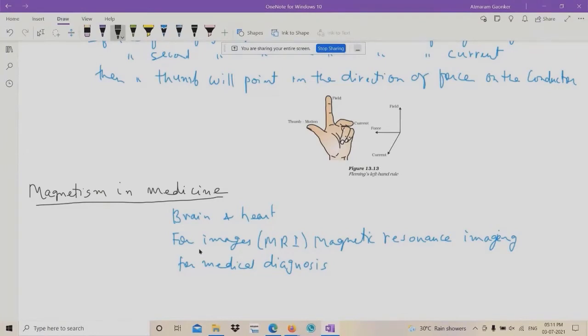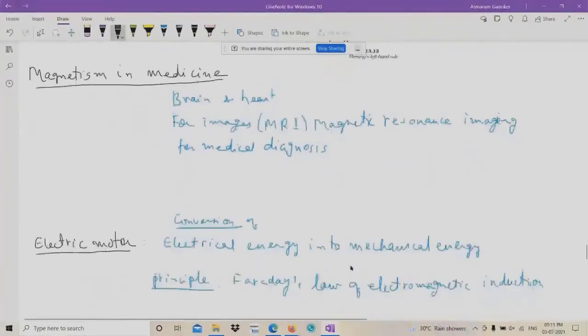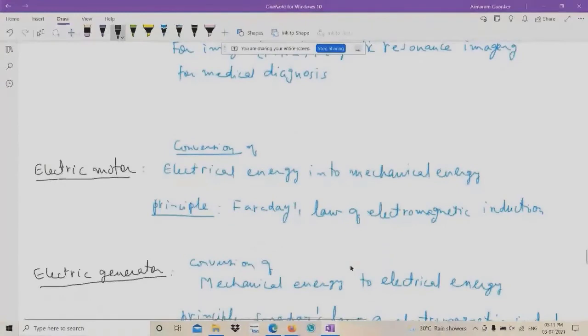So for example, for images in medicine, like MRI, magnetic resonance imaging, this is used. MRI is used for medical diagnosis. So that is about magnetism in medicine. And we have to understand only two things of the electric motor and electric generator. One is conversion and another one is principle.